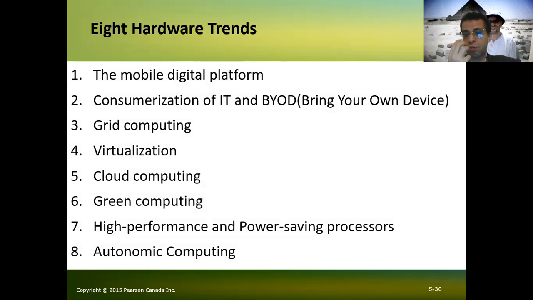And autonomic computing, these days we see a big trend happening, which is called machine learning. Basically the machine starts computing by itself to develop a new result.